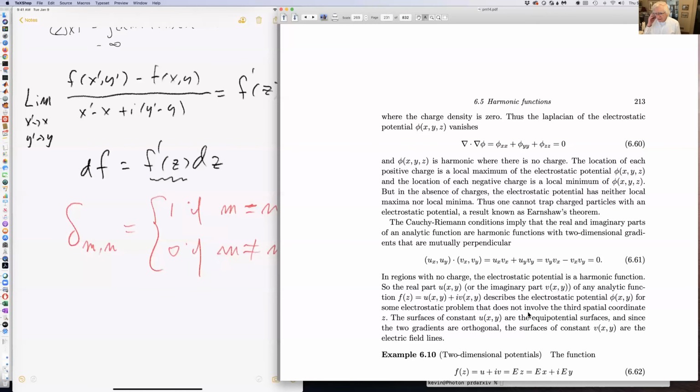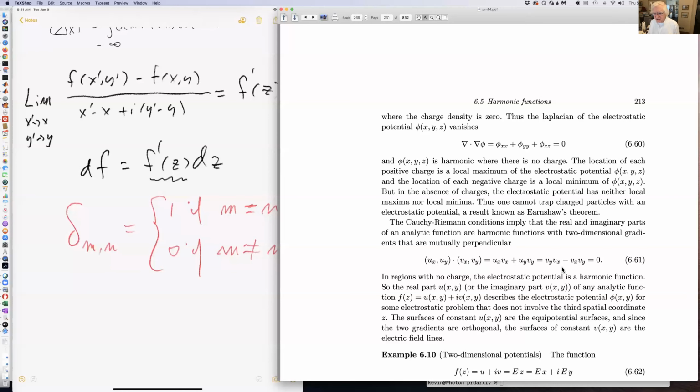So now, the Cauchy-Riemann conditions also have another consequence, namely that if you take the gradient of the real part and dot it into the gradient of the imaginary part, of course this is a two-dimensional gradient, we're just talking about the complex plane, z being x plus i y, you get this expression here.